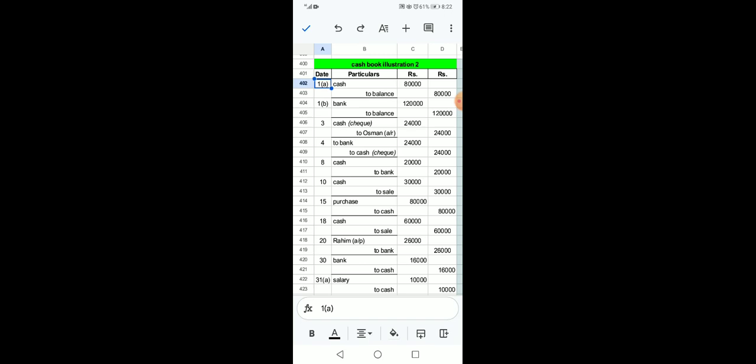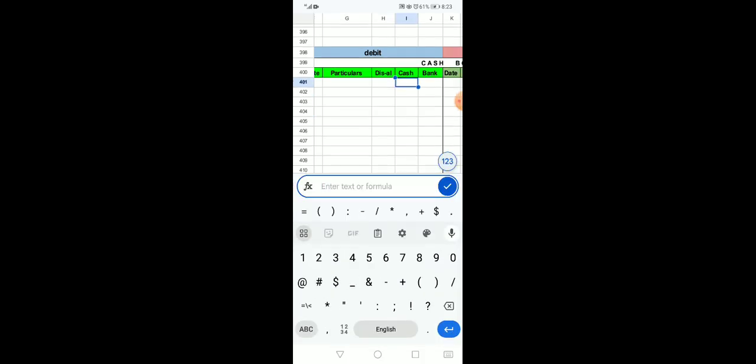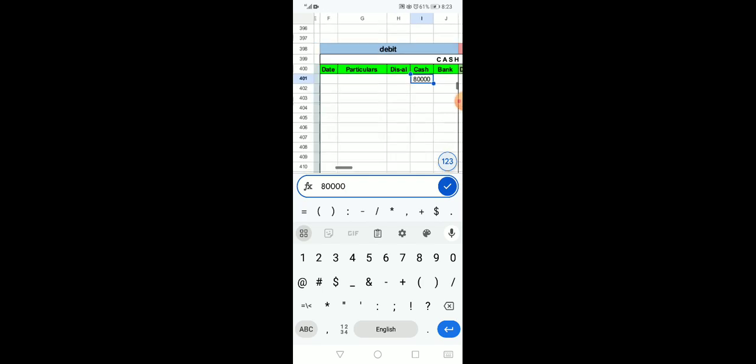Here there are two elements, cash and balance, but only one element is associated with the cash book. Cash was debited by 80,000, so you will go to the debit side of the cash book, and in the cash column you will write the amount, which is 80,000.